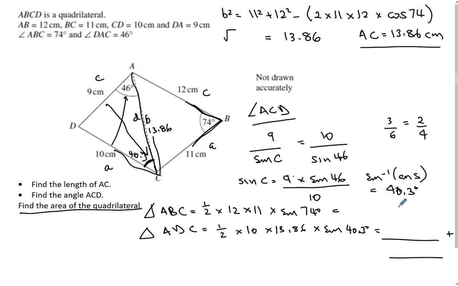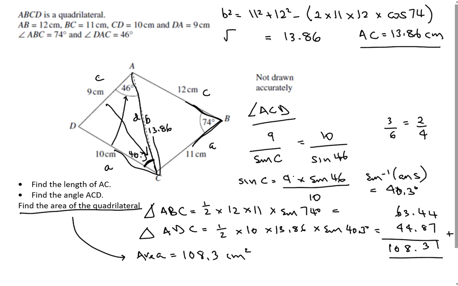Here you get 63.44, and here you get 44.87. When you total them up, you get 108.31. At this stage, I'm just going to say it to 3 significant figures. So the area equals 108.3 centimeters squared. All right, cool.